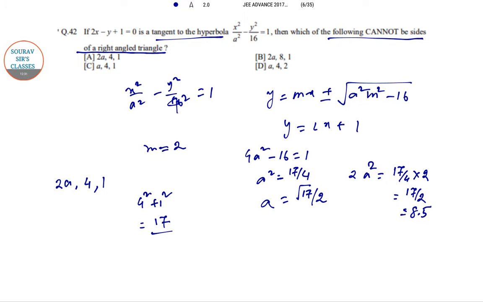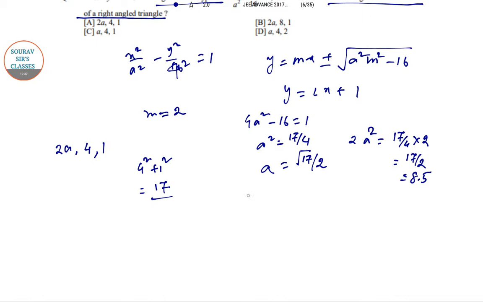Okay, next, if we check 2a, 8 and 1 in a similar way, and then a, 4 and 1, a, 4 and 2, we can see that only 2a, 4, 1 are the sides of a right angle triangle, the other 3 are not. So since they have asked which cannot be, the answer is B, C, D.